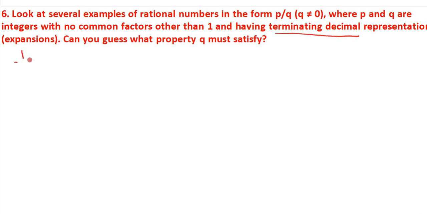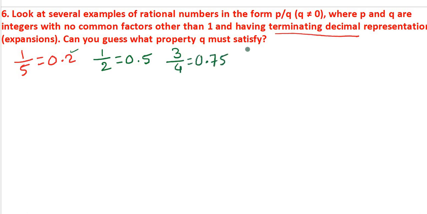For example, if I take 1 by 5, after dividing the answer is 0.2. It is terminating, right? If I take 1 by 2 we get 0.5. If I take 3 by 4 it will be 0.75. If I take 5 by 8, can you tell me what answer we get?